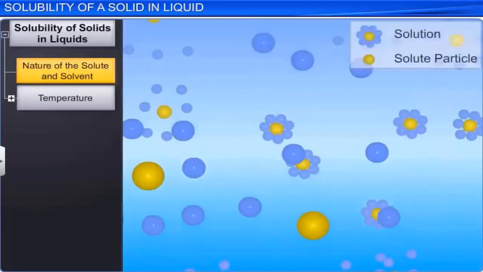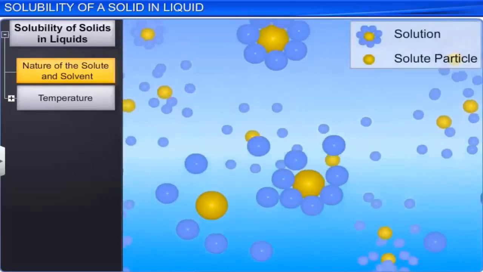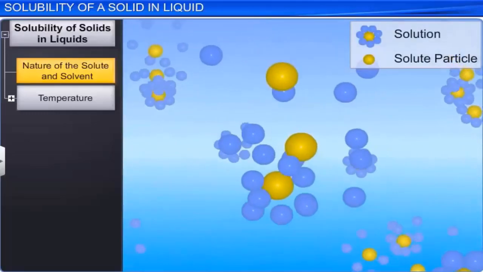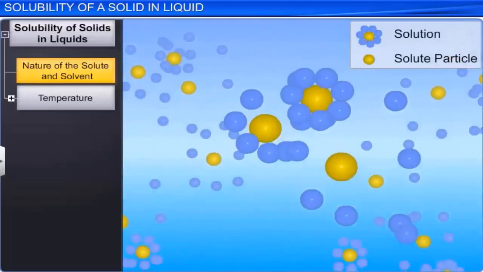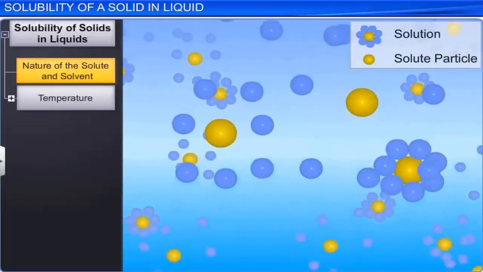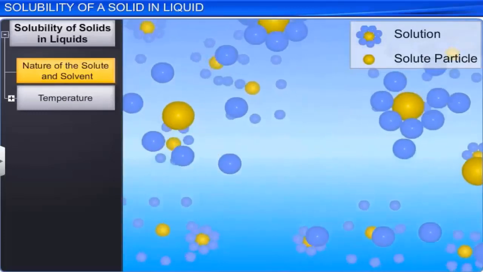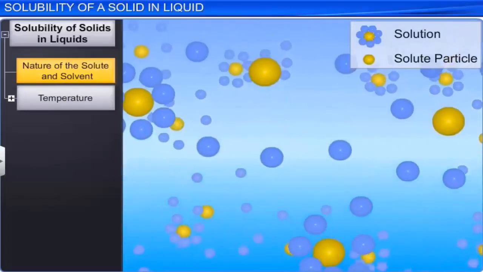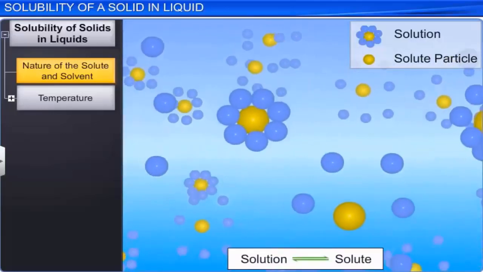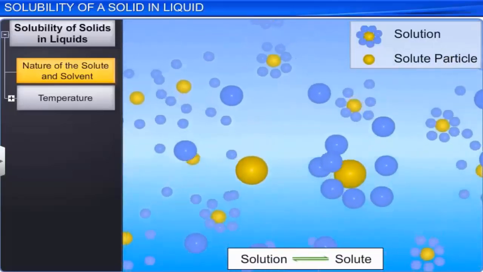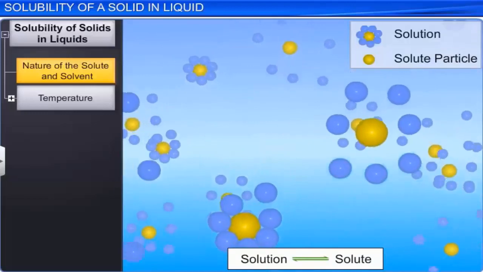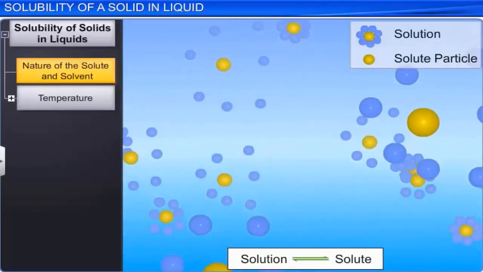A state of dynamic equilibrium is reached between the solute particles going into the solution and the solute particles separating out. Such a solution, in which no more of the solute can be dissolved at a given temperature, is called a saturated solution.